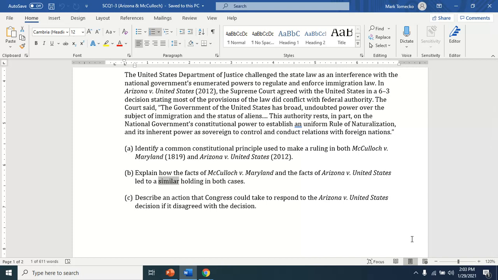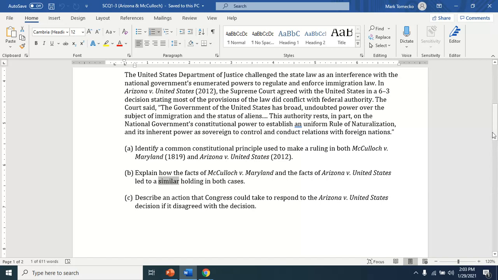This is really a safety net. If you can't remember what the court said in McCulloch, you would at least know that the decision is going to be similar to what they're saying here in Arizona. Now, of course, that word might also be a different holding in both cases. So that's why it's important to identify that word.